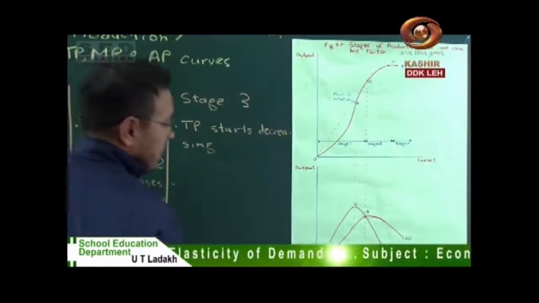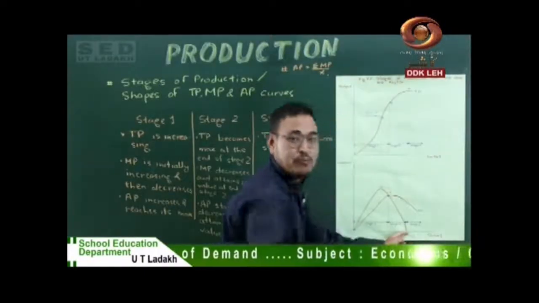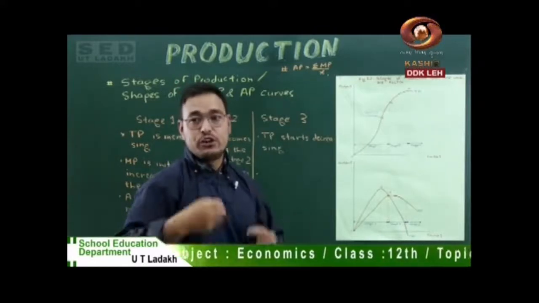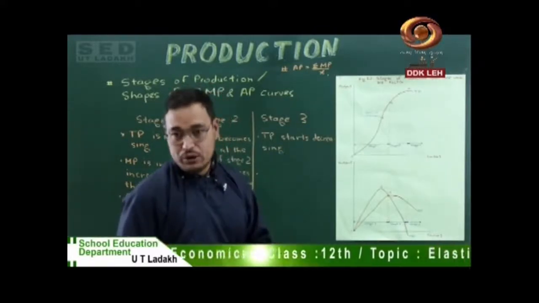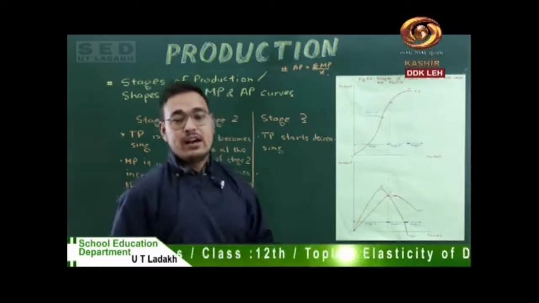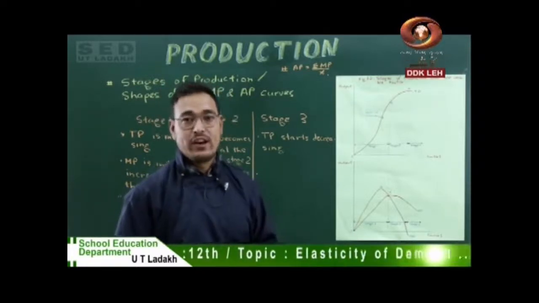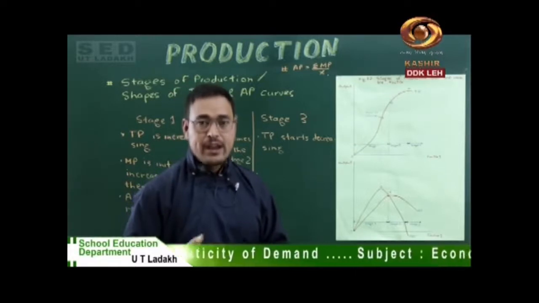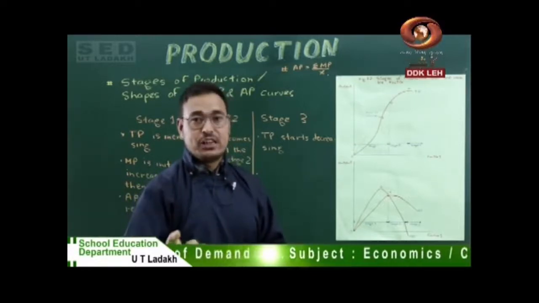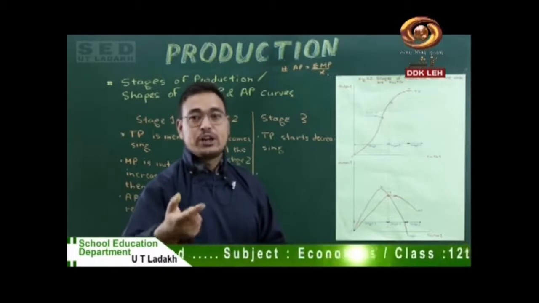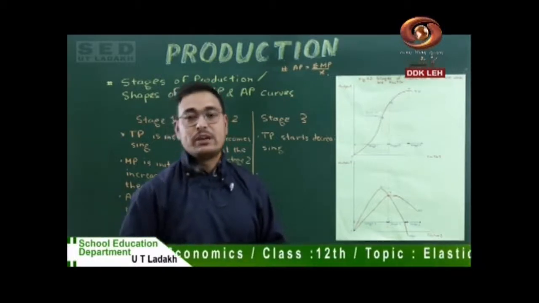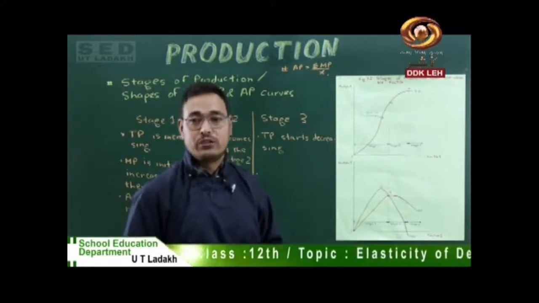As far as MP is concerned, in this stage MP is negative. That means the marginal productivity of an additional labor is negative. For instance, say I am employing 5 labor and the productivity is 100. After that I employ an additional labor, 6 labor, and your productivity is not 100 but say 98. Then what will be the marginal contribution of this last unit of labor?